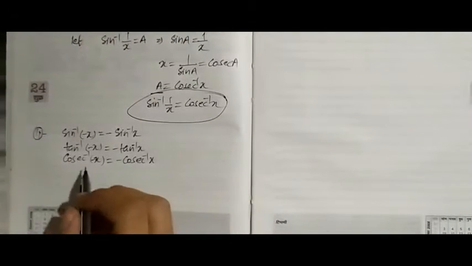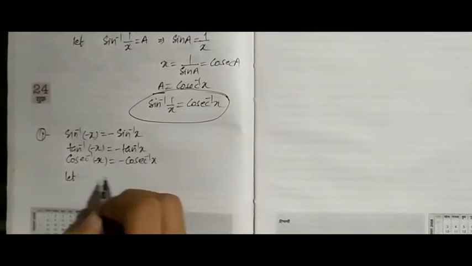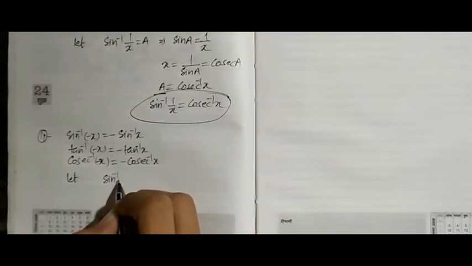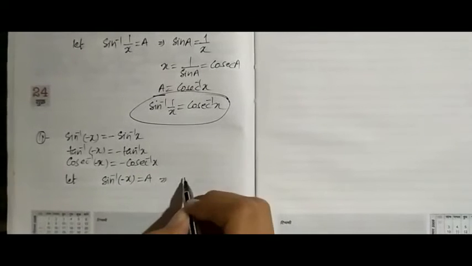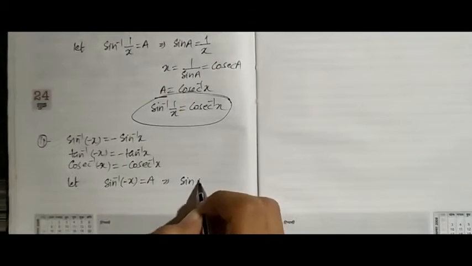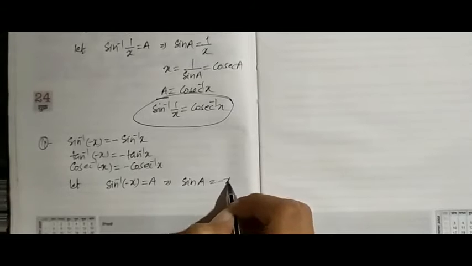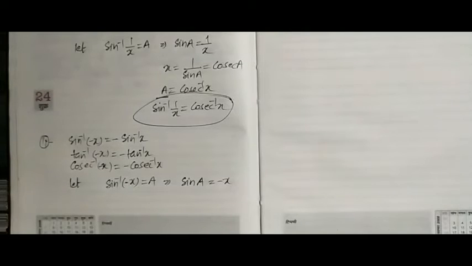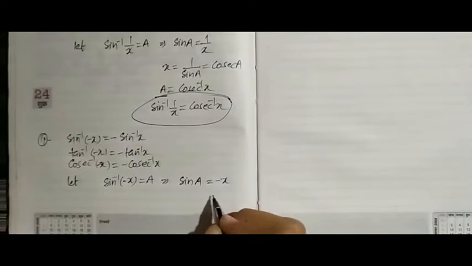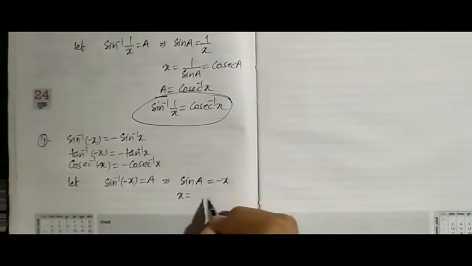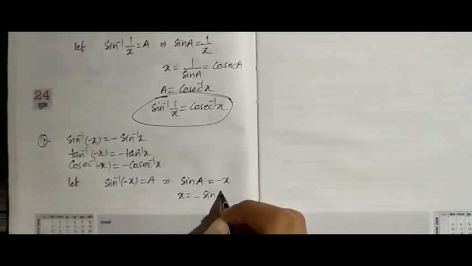Take the first one, let sine inverse minus x equal to a. Therefore we can write sine a equal to minus x. So you know, you can write it like this. Then you can also write x equal to minus sine a.